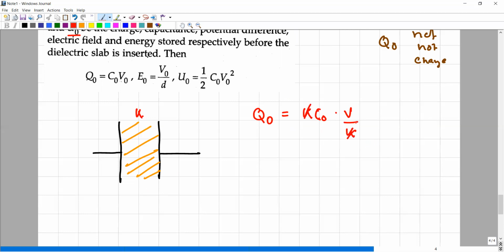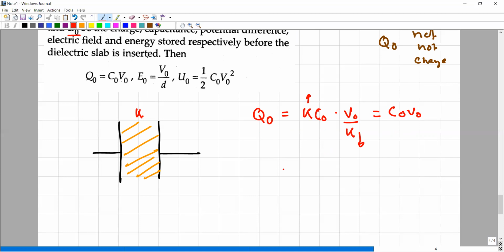So these two K's cancel, and again it will become C naught V naught. Because the charge remains the same and capacitance increases by the value of K, the potential must decrease by the same value K, so that your charge still remains C naught V naught.